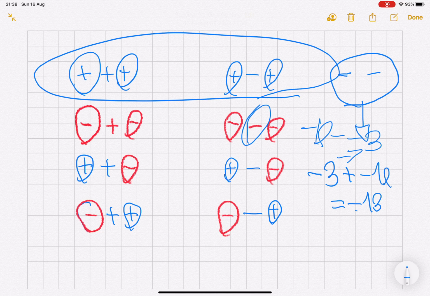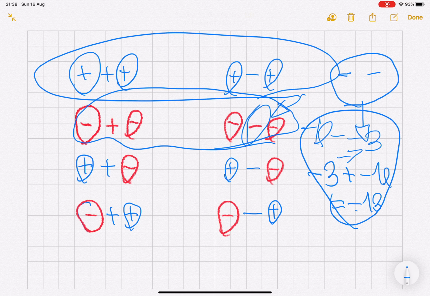Wait, what? Okay, this might be confusing. These two are the most confusing, so train them a lot. I may say something wrong with this, and if I do, I'm sorry, because it's kind of confusing. But let me think. I think I got it right.